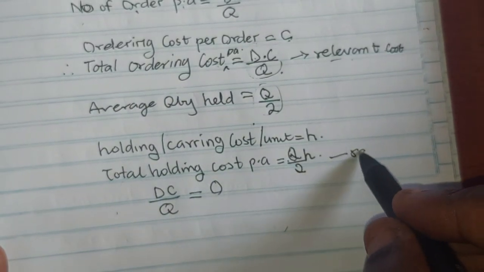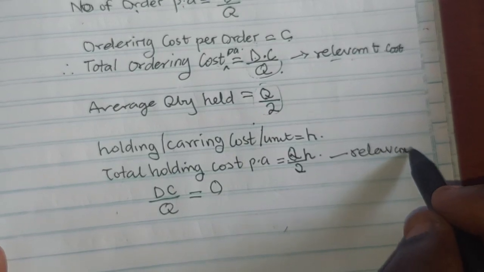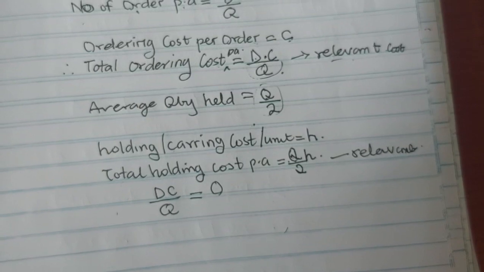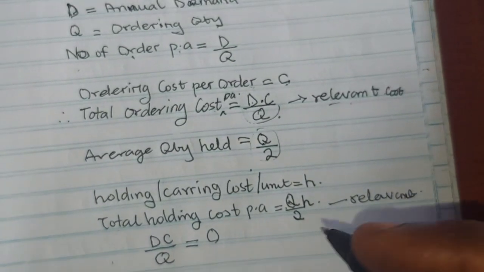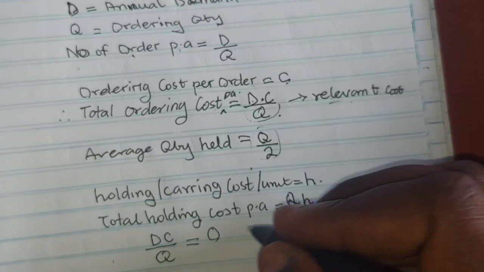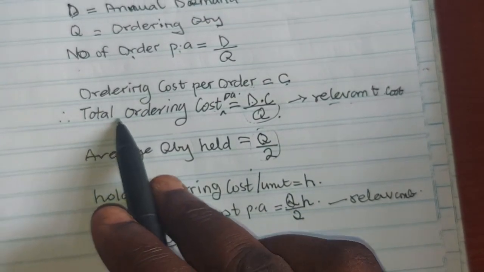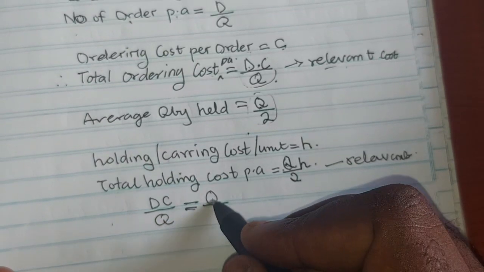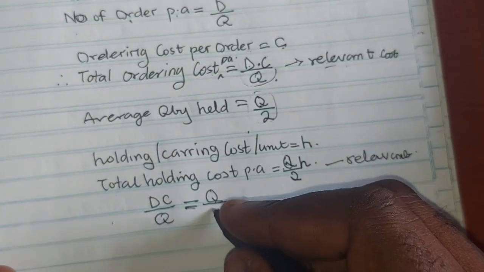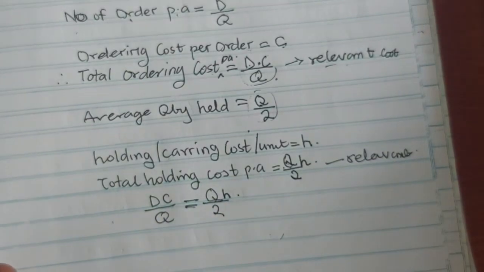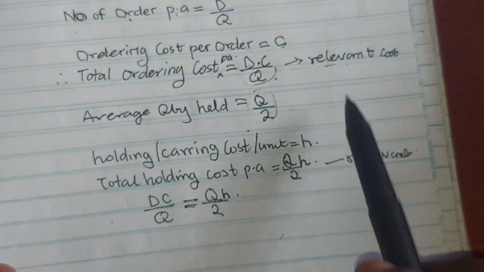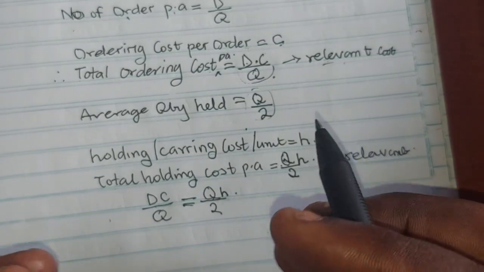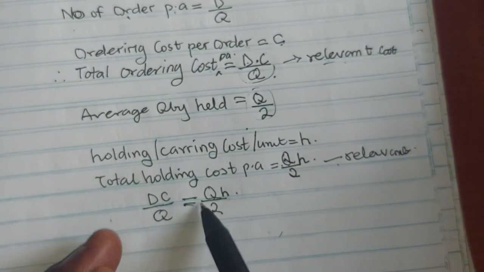So these are the two relevant costs, apart from the purchase cost. In other words, there are three costs of inventory. The two relevant costs are these two, and for us to get the economic order size, these two must be equated.